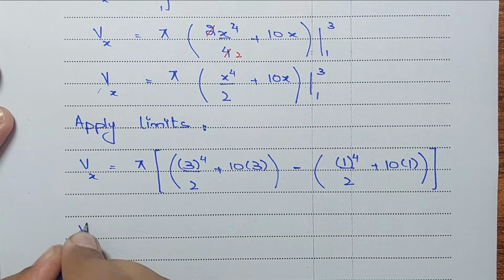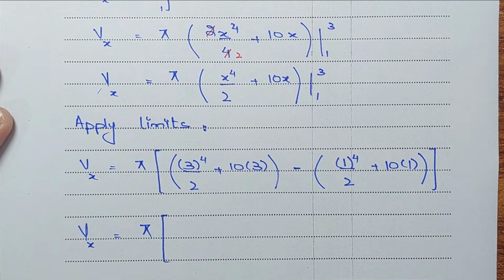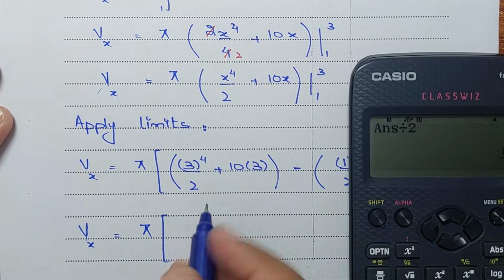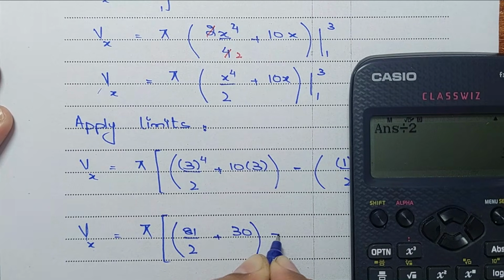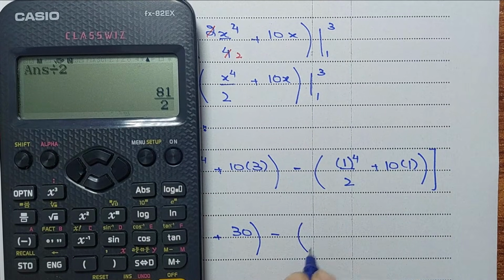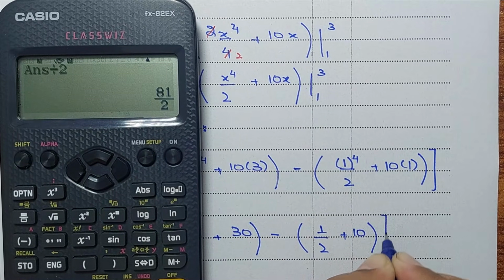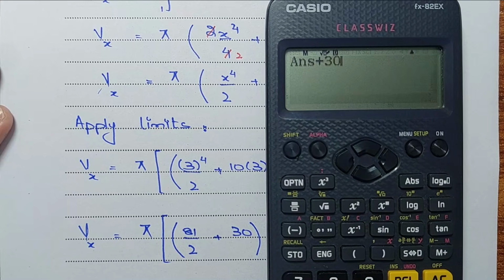So volume becomes pi as it is. 3 to the power 4 divided by 2 is 81 over 2 plus 10 times 3 is 30, minus 1 over 2 plus 10 times 1 is 10.